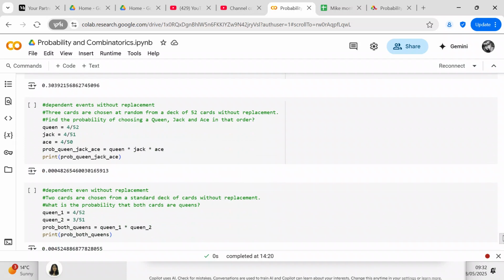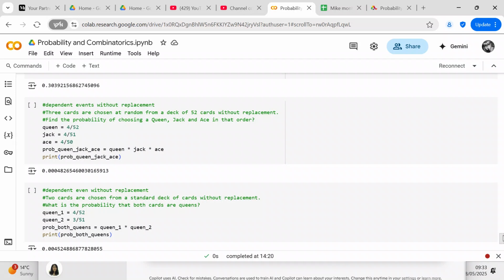So the next question we have is dependent events without replacement. So 3 cards are chosen at random from a deck of 52 cards without replacement. Find the probability of choosing a queen, jack, and ace in that order. So queen is 4 over 52 because there's 4 queens in a deck. A jack is 4/51 because there's 4 jacks in a deck and it hasn't been replaced.